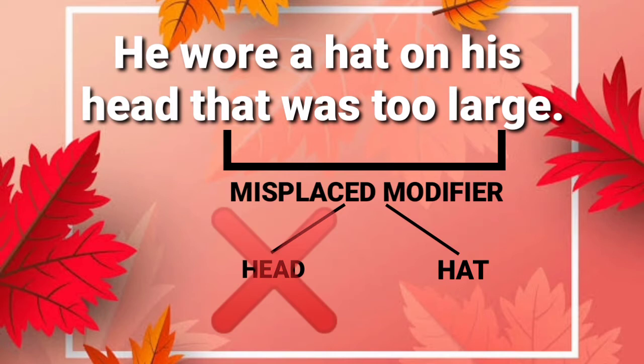So we can see the misplaced modifier here, that was too large, and we all know that the writer refers to the hat that is too large for his head, not that his head was too large, as the first sentence implies. So we need to place our modifier in the right position in the sentence to clearly modify what it needs to modify.